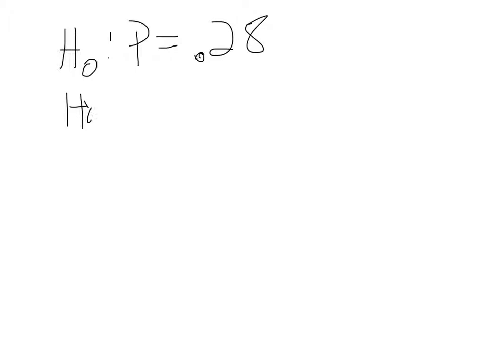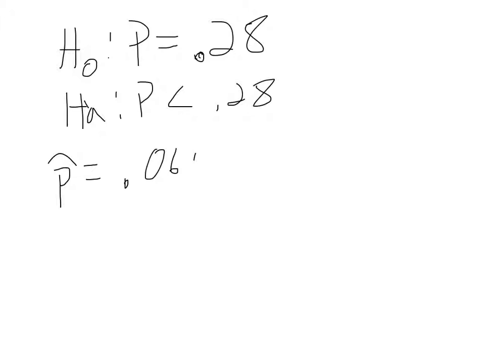So our hypotheses: our null hypothesis is that the proportion of motorcycles being stolen that are Harleys is equal to 28%. And looking at that test result, I want to know if it's actually less than 0.28. Okay, so now some things I know is that my p-hat value is 0.0669.